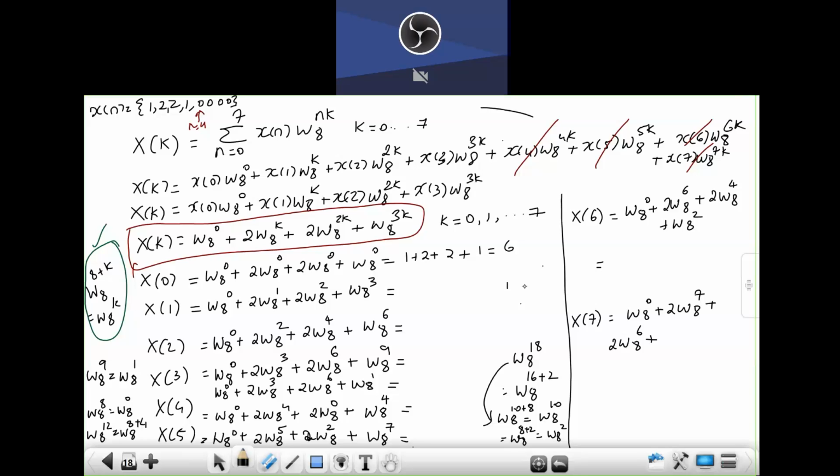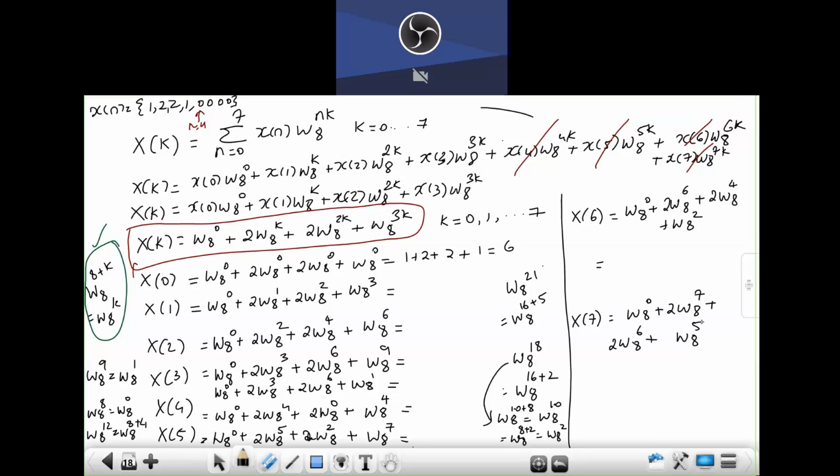W8 power 21, how can you write it? Write down on the side. You can write it as W8 power 16 plus 5, so this will be W8 power 5.